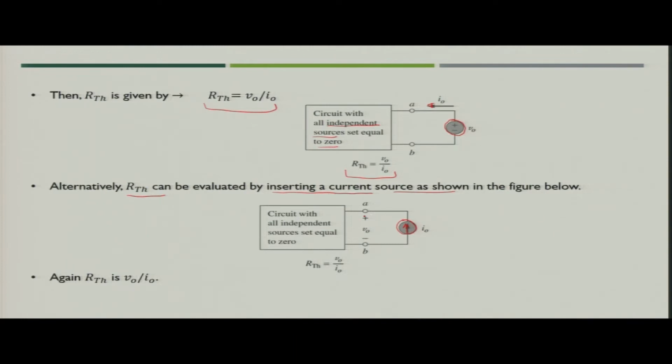When you apply the current source, instead of measuring the current, you have to measure the voltage across terminals A, B. What will happen in that case? Again the RTH would be given as the voltage across terminals A, B divided by the current supplied by the current source. So, in that case the RTH would be nothing but V naught upon I naught.